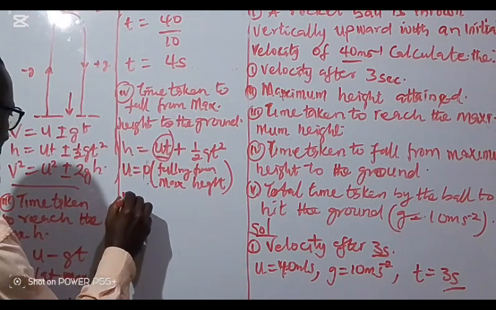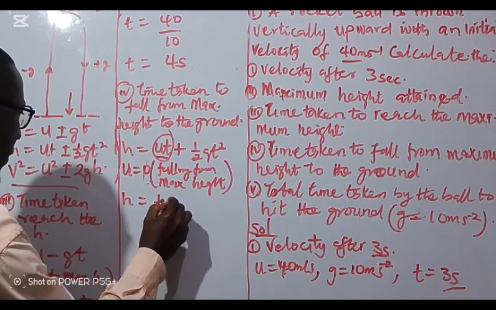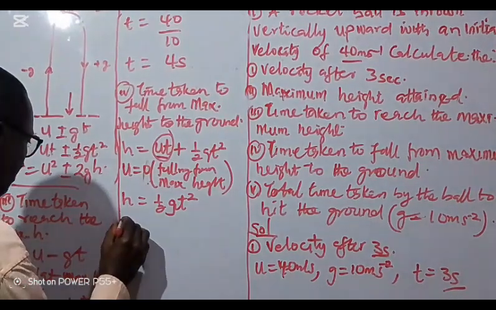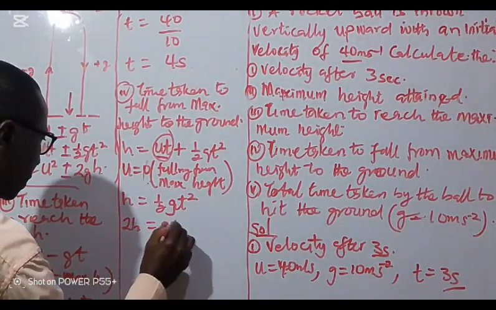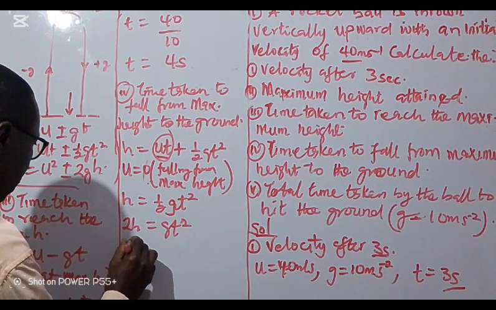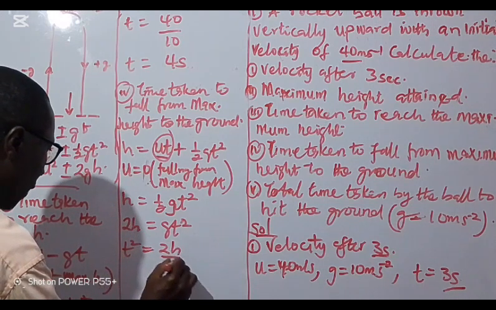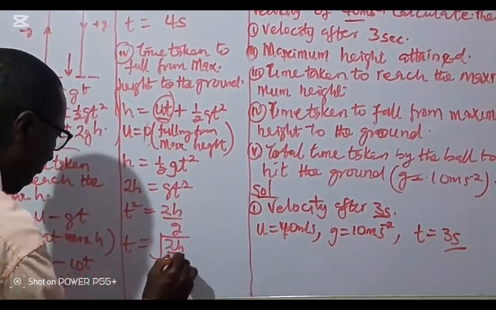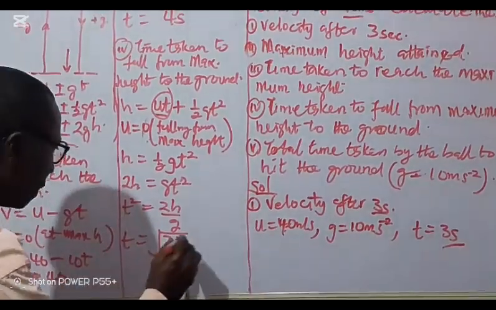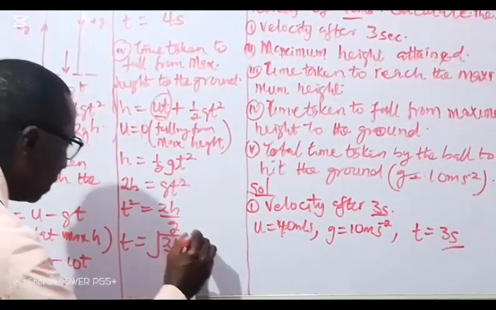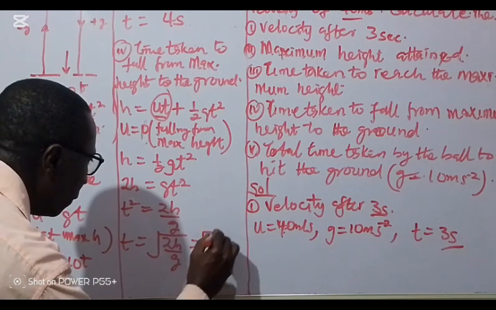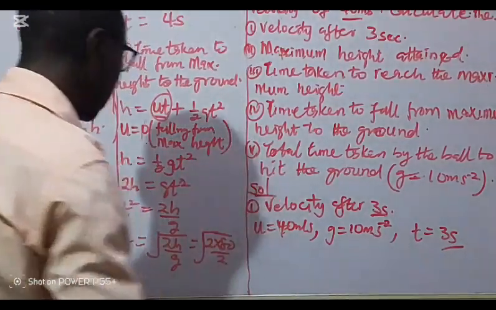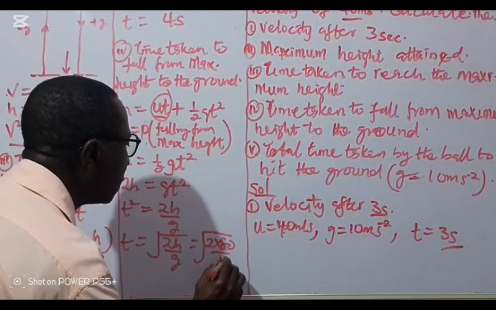Then we are left with h is equal to half gt squared. So this will give us 2h is equal to gt squared. Our t squared will be equal to 2h over g. So t will be equal to the square root of 2h over g. And this one will now give us, since our h is 80, the square root of 2 multiplied by 80 divided by 10, the value of acceleration due to gravity.